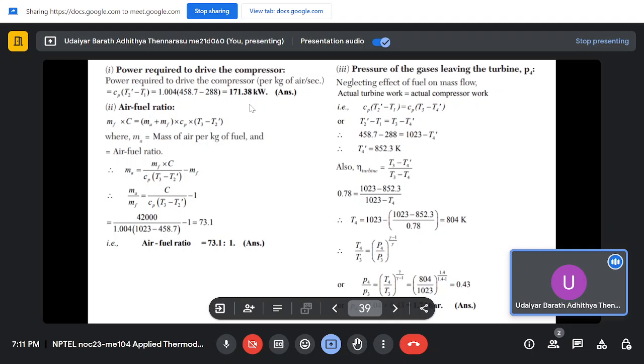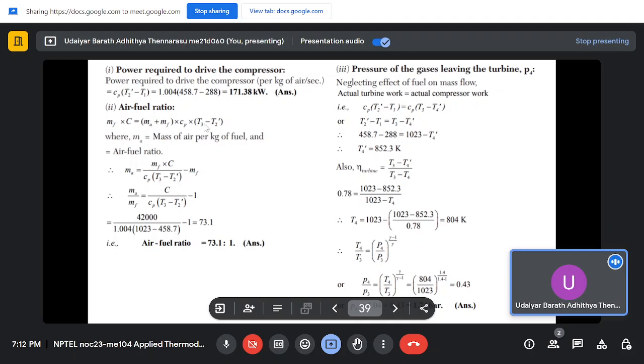Now the second part is to find the air-fuel ratio. We can find it by doing an energy balance across the combustion chamber. So m dot f into C is the energy supplied through combustion, which equals (ma plus mf) into Cp into (T3 minus T2 dash). Here ma plus mf is taken together.